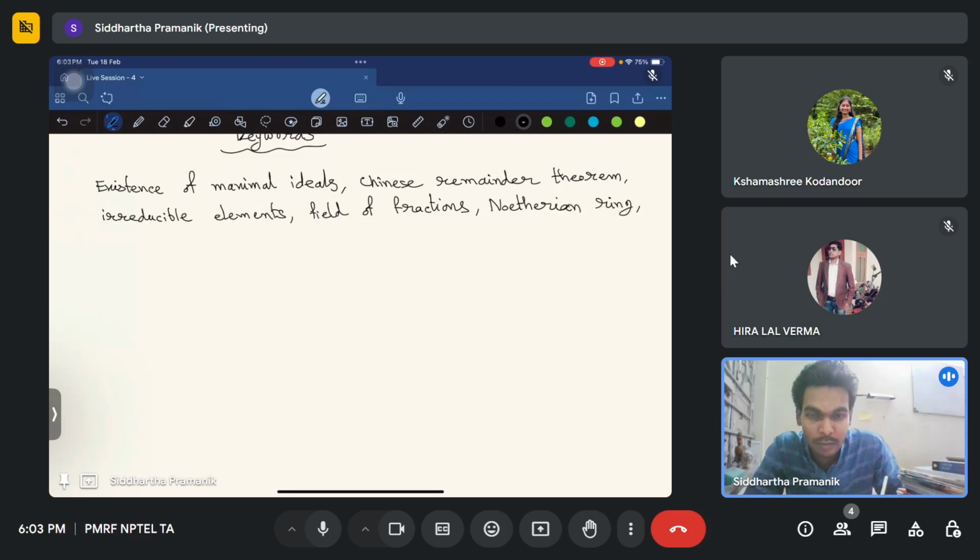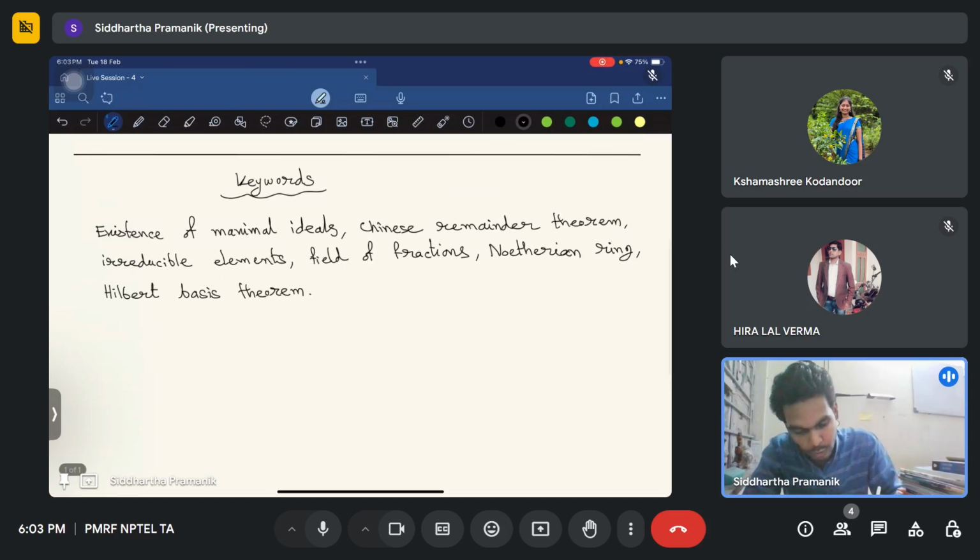And in the end, we saw one celebrated theorem known as the Hilbert basis theorem. So we will be solving problems in these topics only.